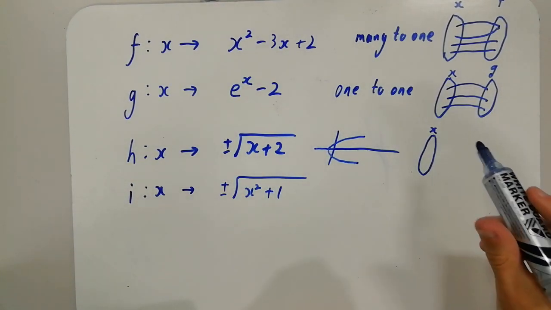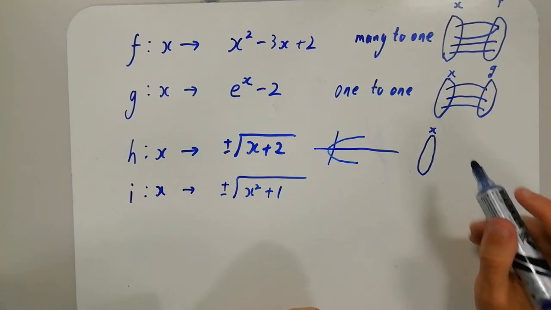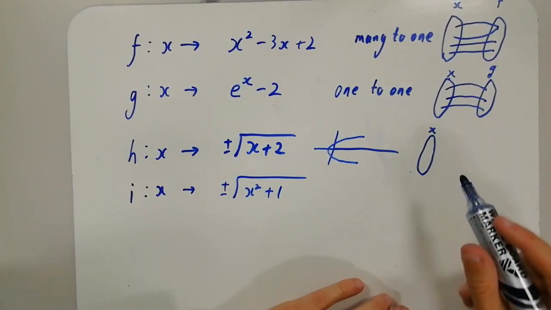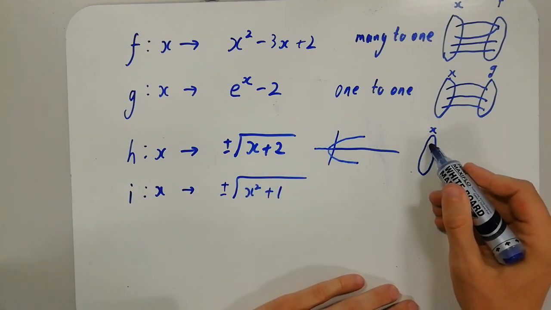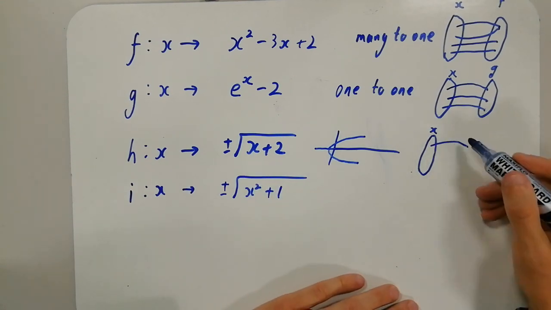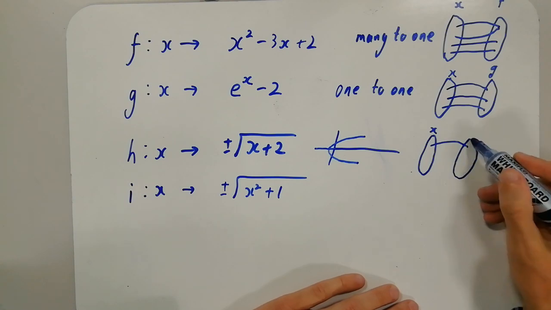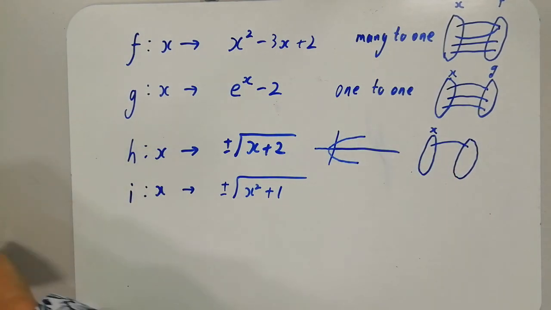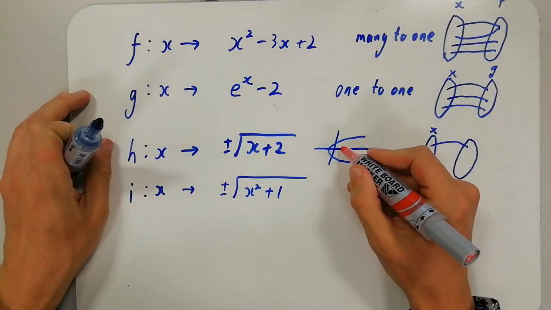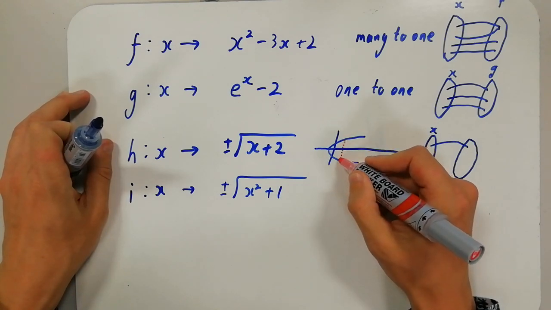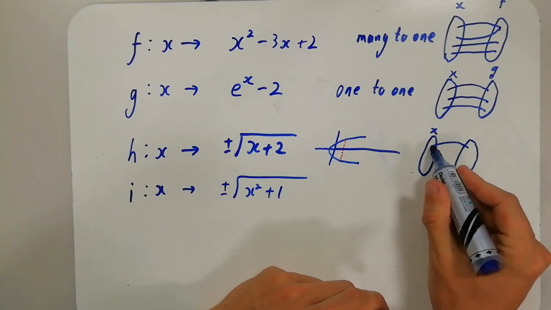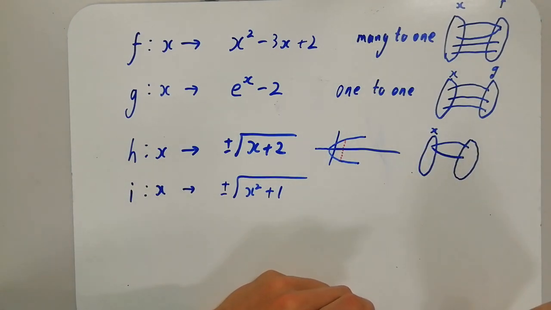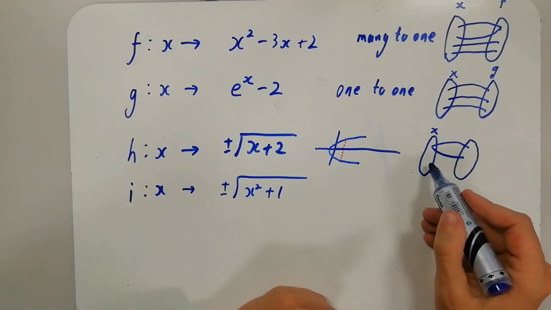So for every single input, I can work out 2 possible outputs. So if I put in x is 1, that could have gone to 2 possible values. Plus root 3 or minus root 3. I don't know which, or I could choose which.